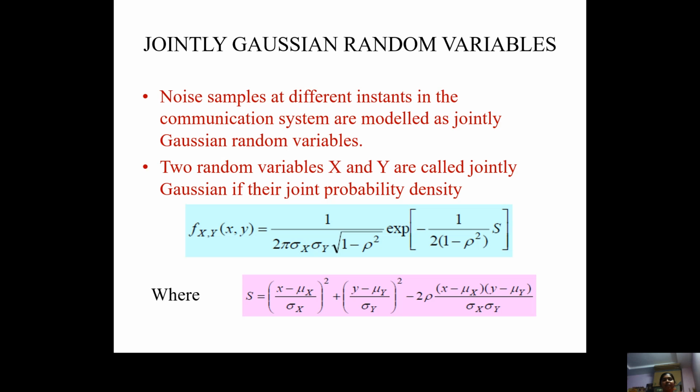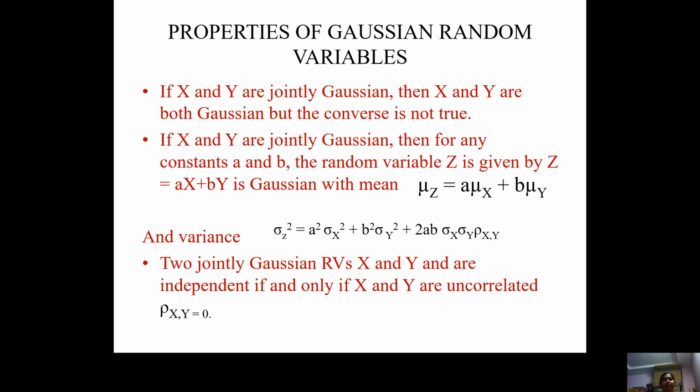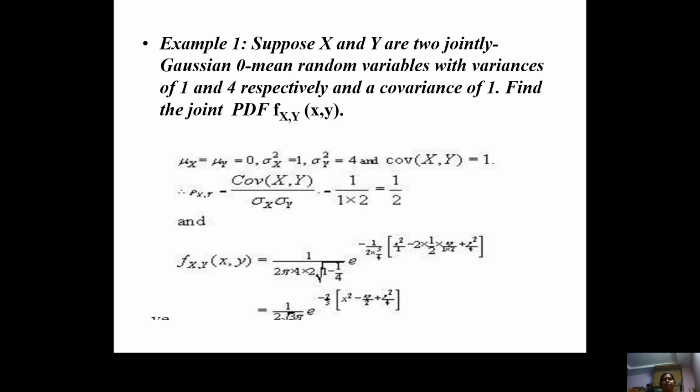When we substitute the given values in this expression, the resultant value will be of this order: 1 by 2 pi, e power minus 2 by 3 times x square minus y square by 2 plus x square by 4. So this will be the resultant joint probability density function f_XY of x, y.